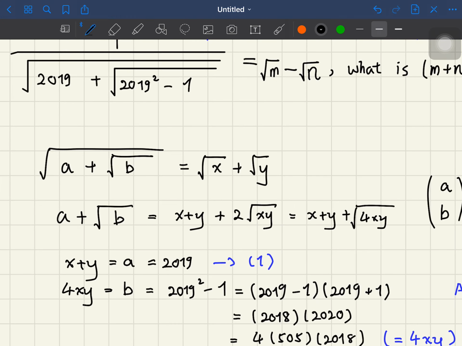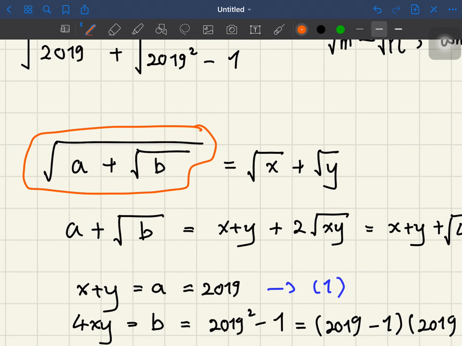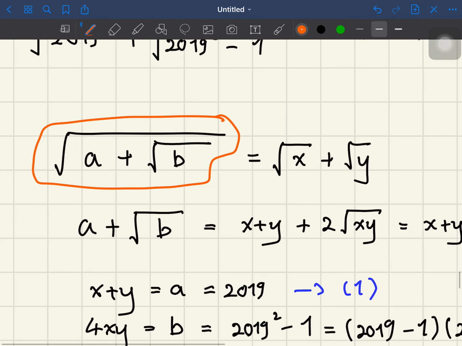This is called a nested radical because when we have a surd inside a surd, the small surd, which is the surd B, inside the large surd, which includes the expression of A plus the surd B, this is called a nested radical.